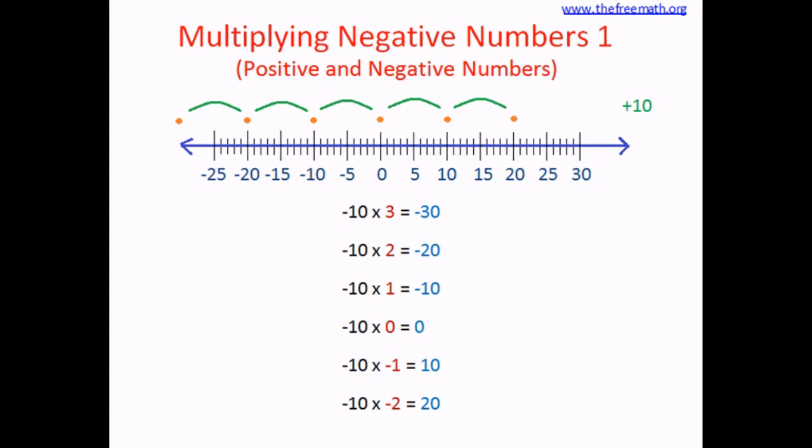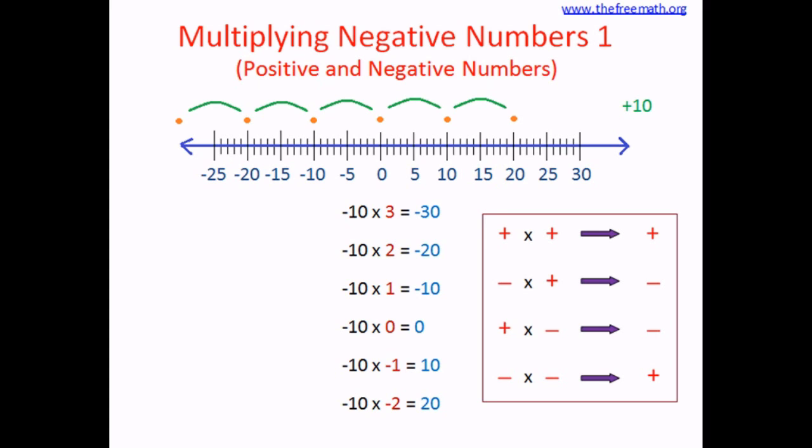So when we multiply two negative numbers, we can ignore the signs, multiply the numbers, and our answer will take the positive sign, because we know that a negative number multiplied by another negative number gives a positive product.